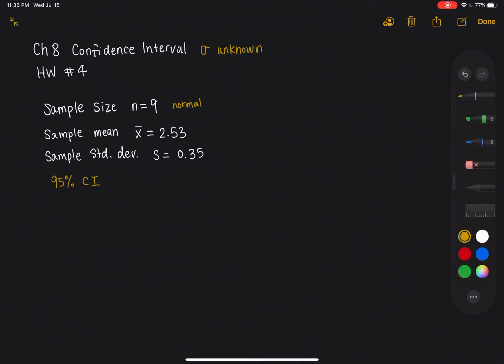The formula that we need is x bar plus or minus, so that means you need to do 2 calculations, t times s divided by square root of n.